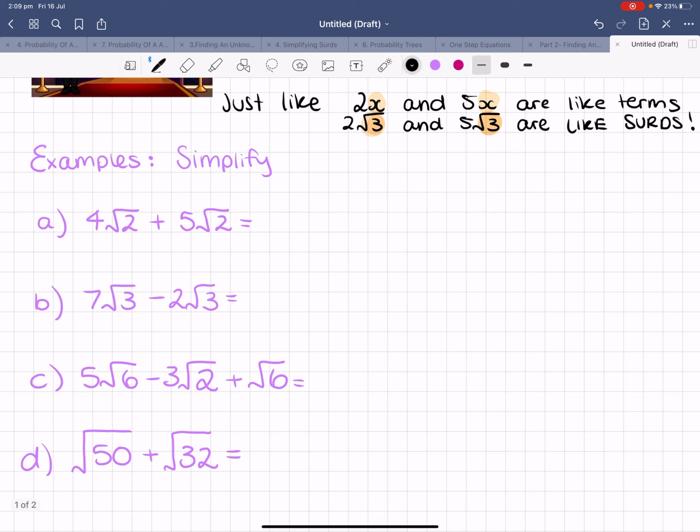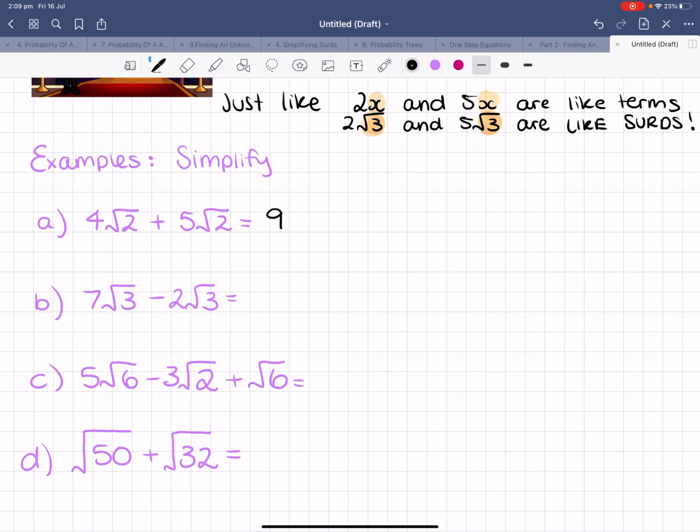So for example, 4 square root 2 plus 5 square root 2. These are like surds because they've got the same number underneath the square root symbol. So you can almost treat it like it's 4x plus 5x. Now we know that would be 9x, right? But instead of x, we've got square root 2.